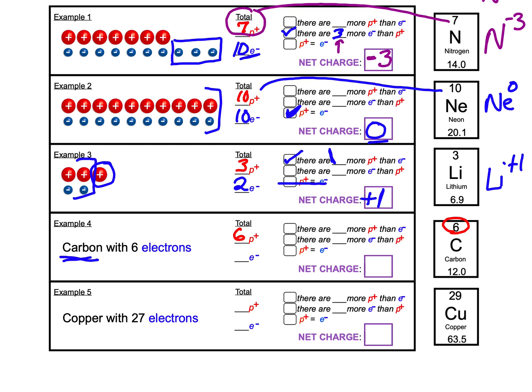But I do need to give you some information about the electrons, and I'm telling you there's 6 electrons. So when you compare protons and electrons, you're going to realize, hey, they're the same. That means there's no imbalance. There's no overall charge. It's a 0. So you can write C, leave it alone, or you can write C, a little tiny 0 up there. Whatever is best for you.